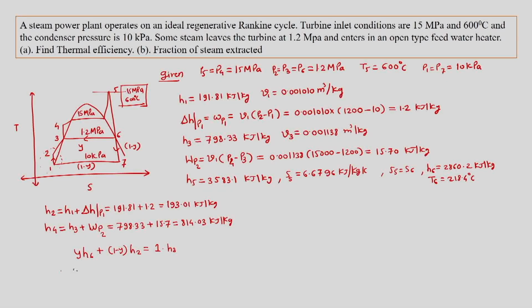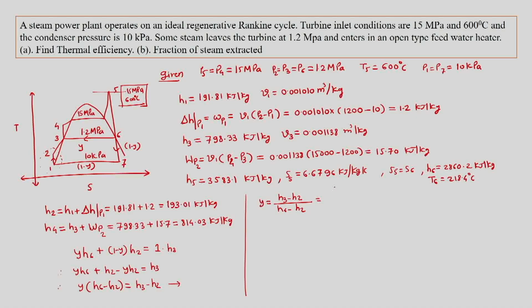So we know it is YH6 plus H2 minus YH2 is equal to H3. So we have Y of H6 minus H2 is equal to H3 minus H2, and this gives us Y equal to H3 minus H2 divided by H6 minus H2, and then we know all the enthalpies.